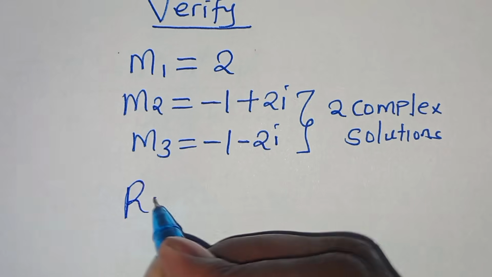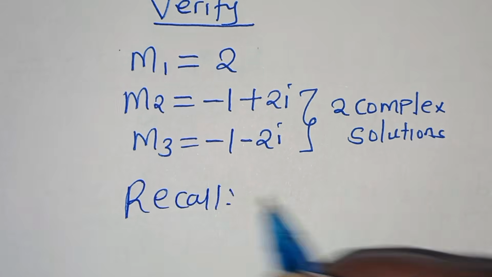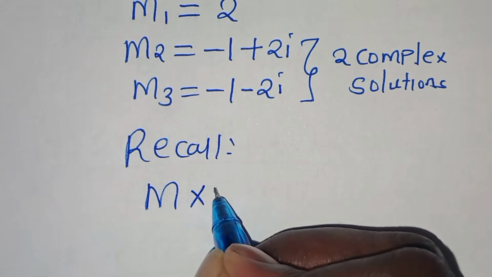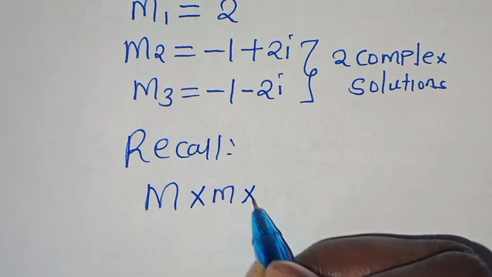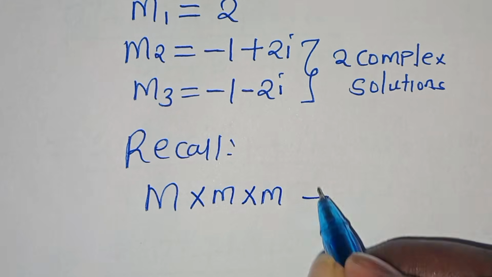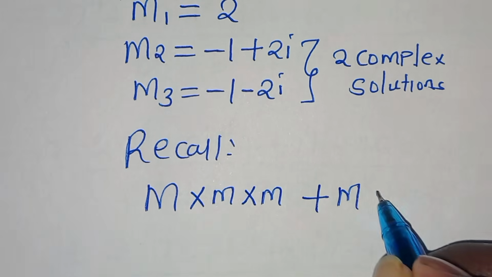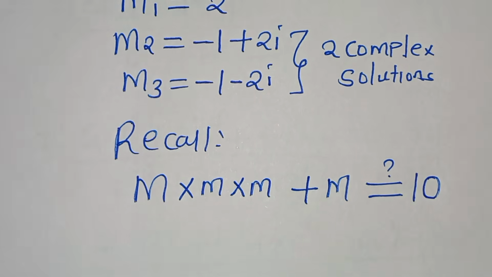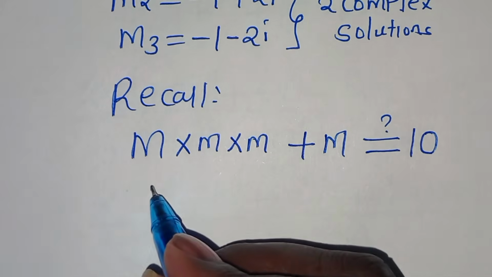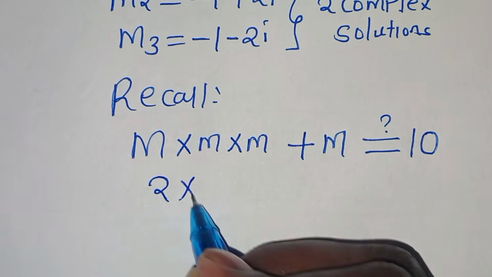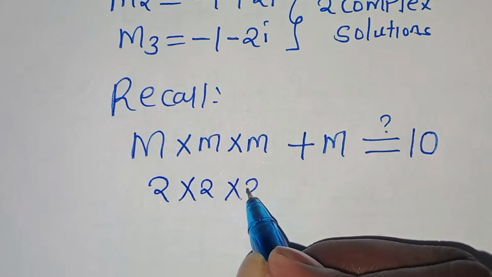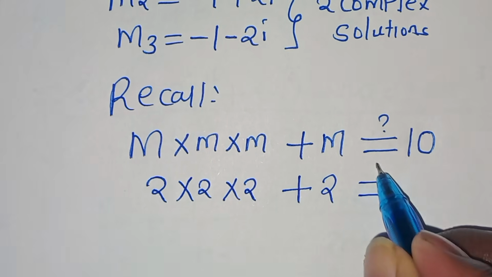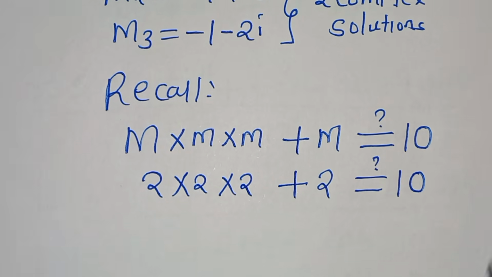Now, if you recall, we have m multiplied by m multiplied by m, then plus m. This is supposed to give us a value of 10. So we have m is equal to 2, so we have 2 times 2 times 2, then plus 2. This is supposed to give us a value of 10.